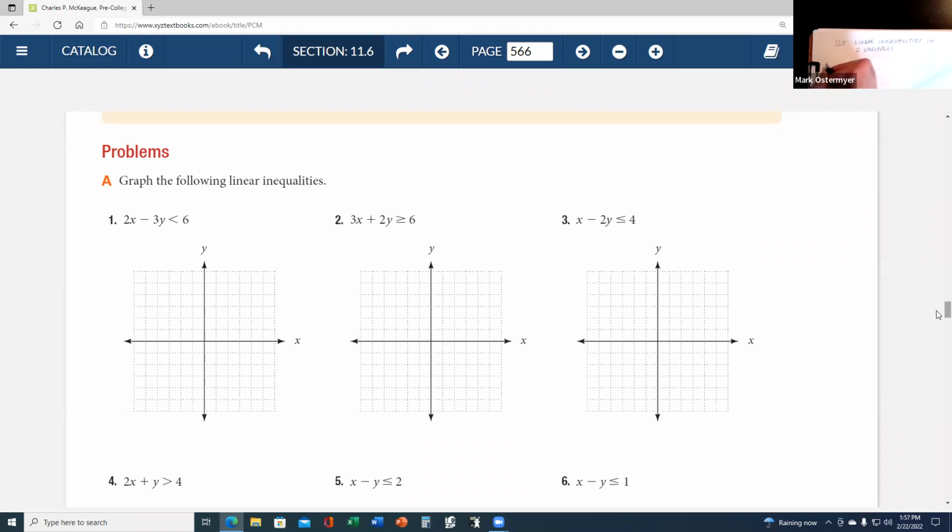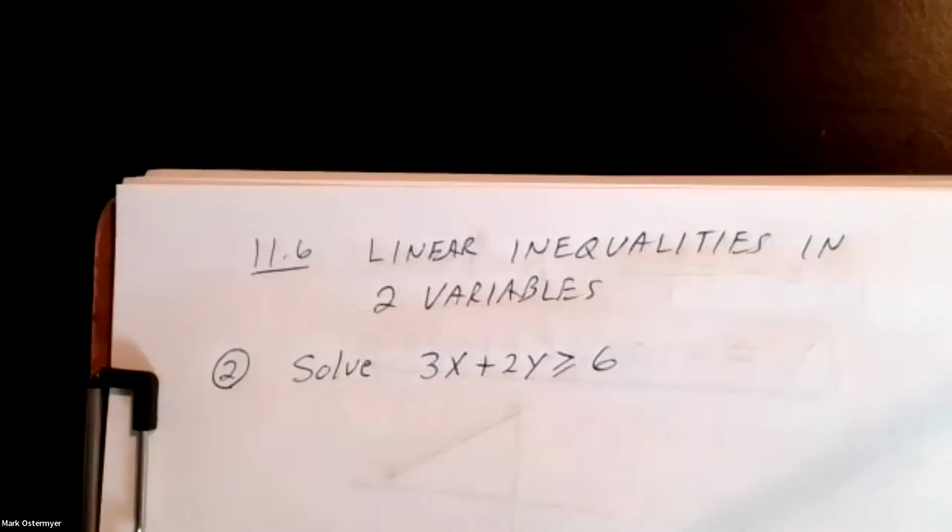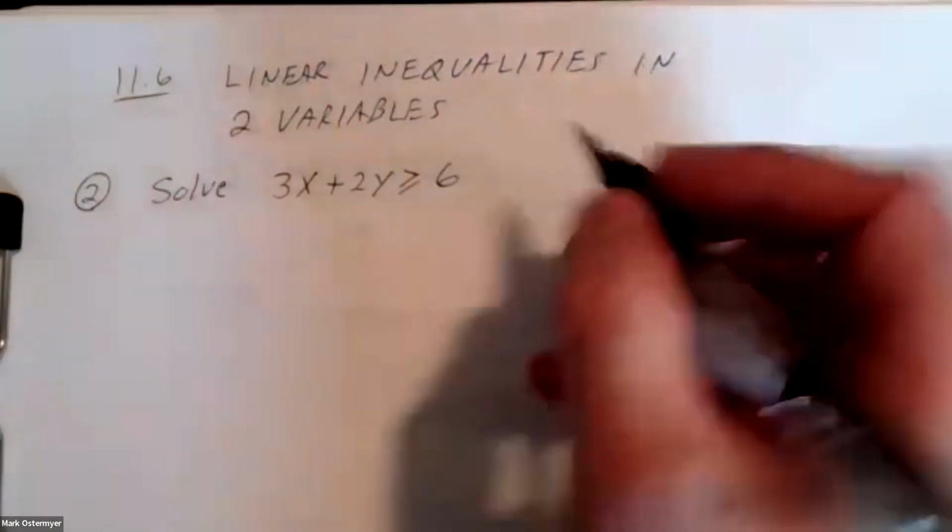And this first one I'm going to put under the microscope is problem number 2 here. We're going to try to solve this linear inequality for all of its ordered pair solutions. And so, ladies and gentlemen, the solution to this linear inequality in X and Y is going to be an ordered pair.